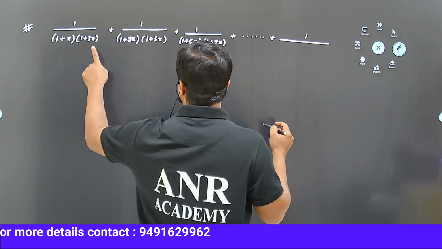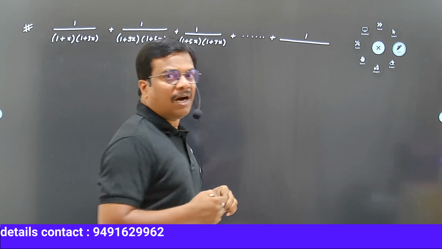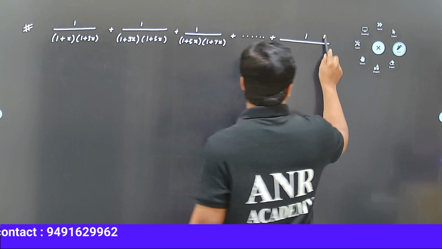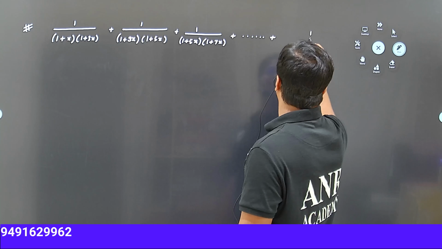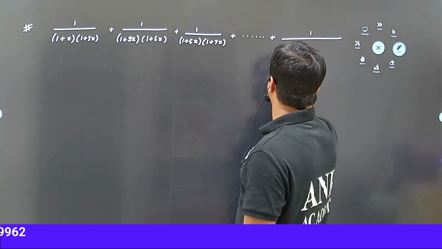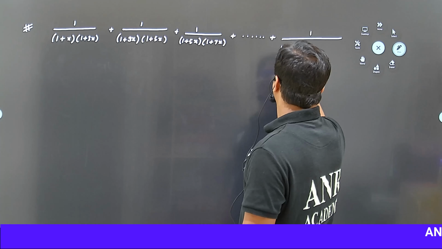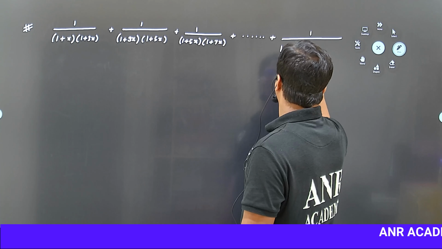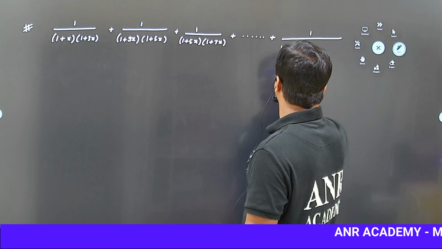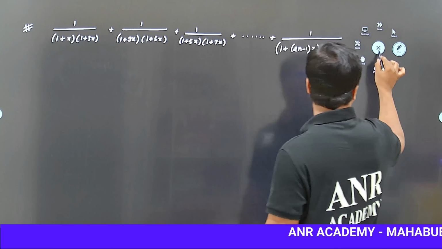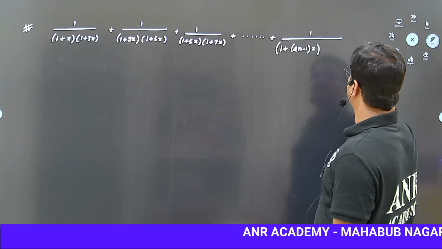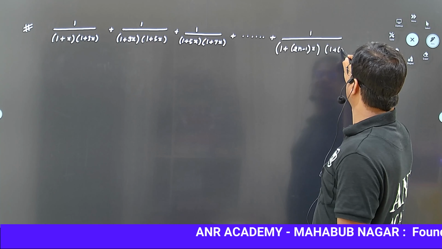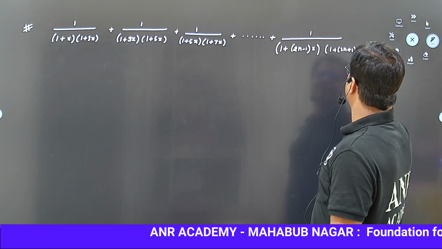Here 1, 3, 3, 5, they are odd numbers. And the last term, suppose 1 plus (2n minus 1) x and 1 plus (2n plus 1) x.